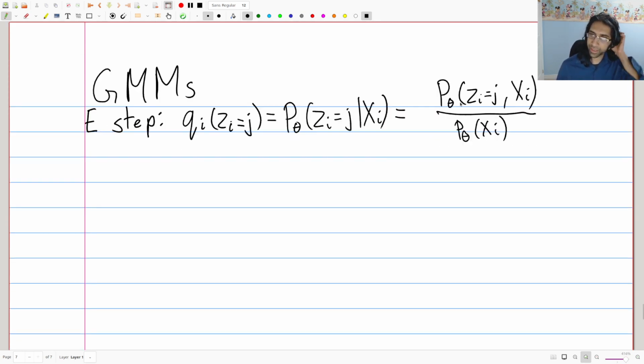And now this is the first time we will use the fact that it's a GMM in this derivation. It's fairly simple to compute both of these expressions. The numerator says, what is the probability that given these parameters, we see the point and it's generated from component j. This is easy because it's literally just the probability that comes out under component j.